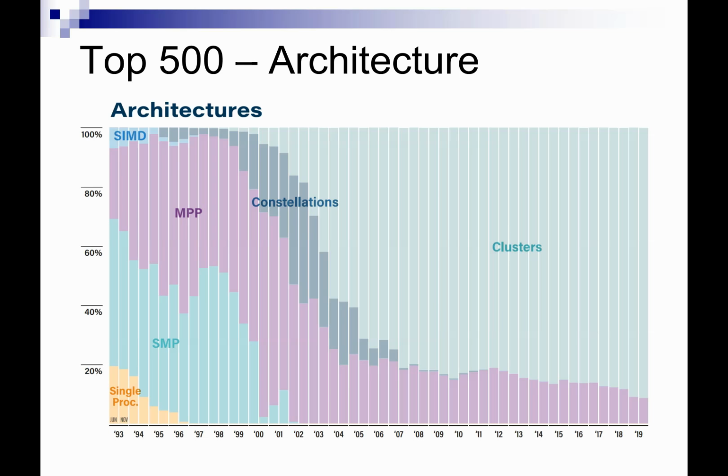Another architecture which eventually died out were the SMPs, the shared memory processors. Here you have multiple processors, but all of the processors have the same access to a common pool of memory. Because you want all the processors to be able to access the same memory, you have to put all the processors physically close to each other.